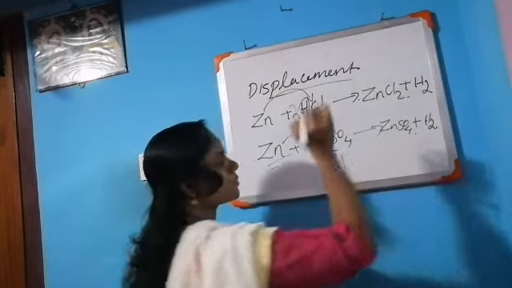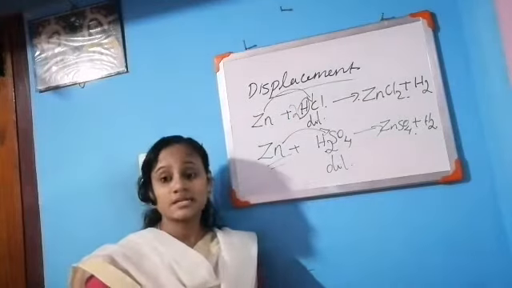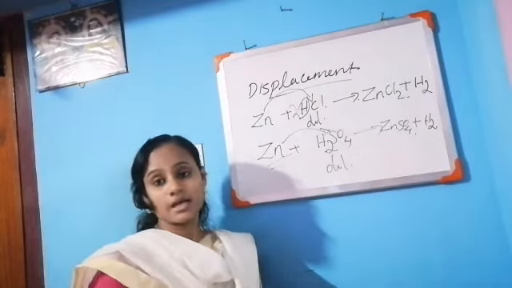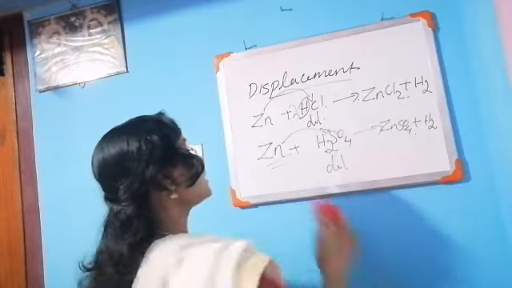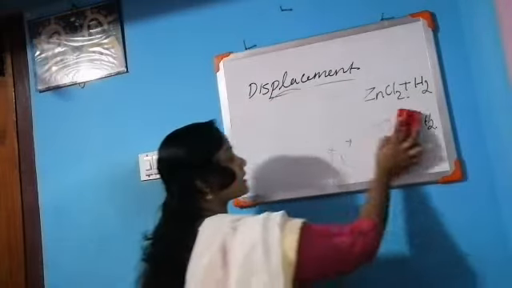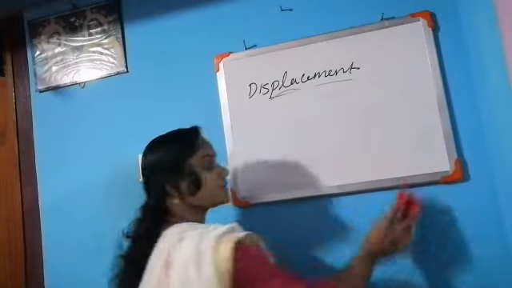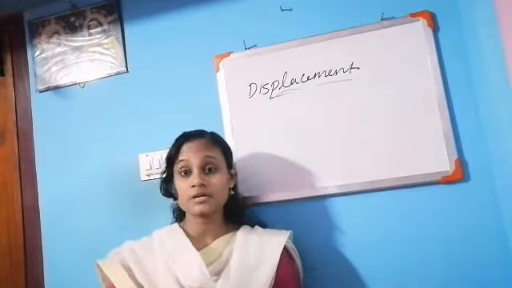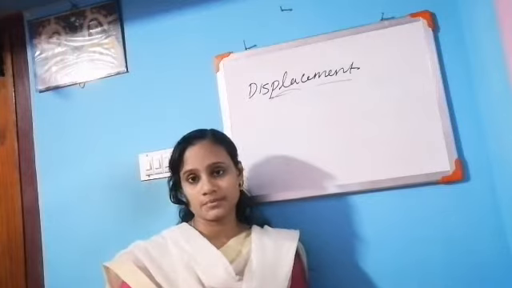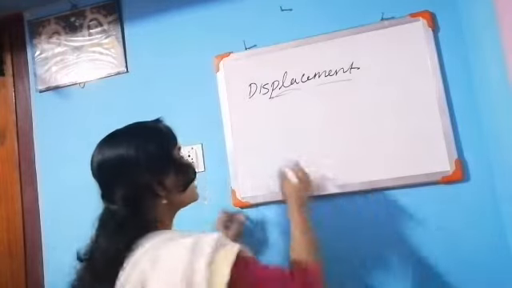Clear now? Zinc displaces hydrogen from dilute acids. In the same way, the most reactive elements, sodium and potassium, react with water. Sodium and potassium displace the hydrogen from water.